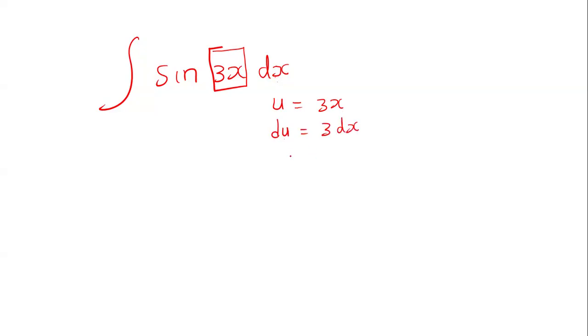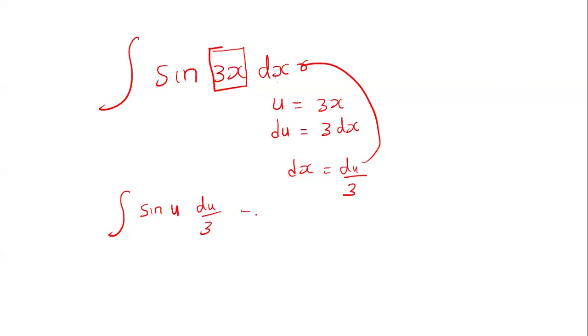But since I'm interested in the dx, it means that my dx is equal to du out of 3, because you divide by 3. So when I come here where there is the dx, I'll put du out of 3. So I'll have an integral of sine of u du out of 3, which will give me 1 out of 3 integral of sine of u du.